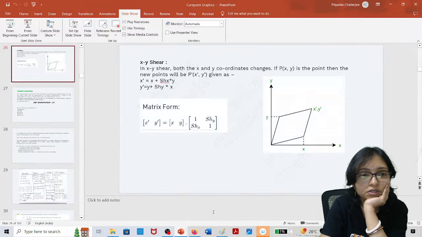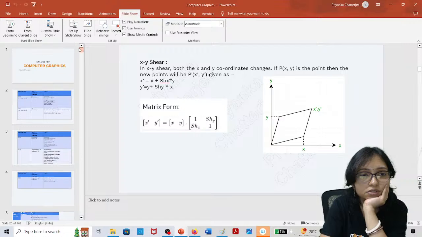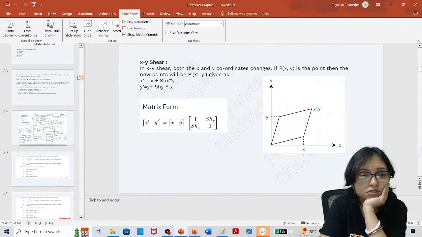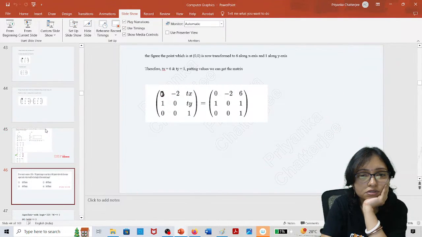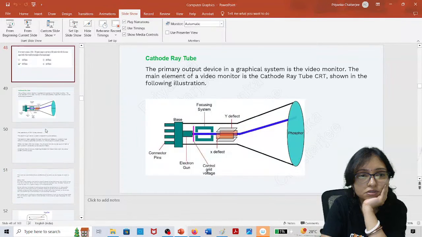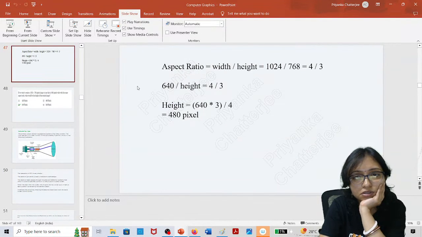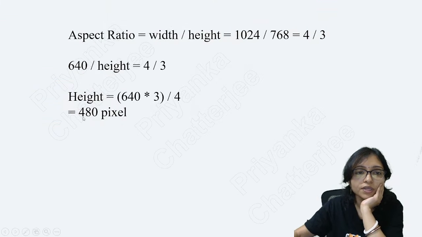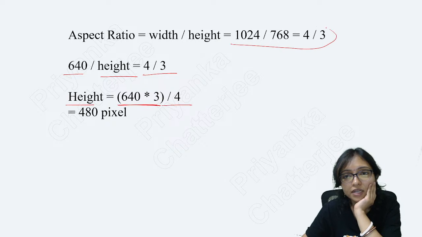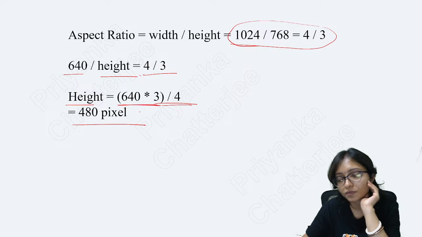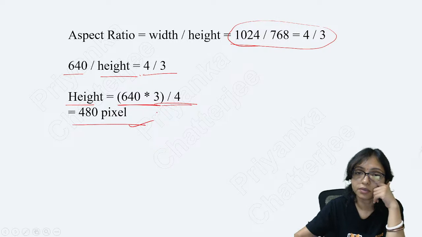Okay, some students may be confused. So here you have to do 640 by height, that is 4 by 3. So height will be 640 multiplied by 3. You will do that, then you will get 4 by 3. So you have to divide by 4, then you will get this answer. This is the way the answer will come. Okay, don't make the mistake.